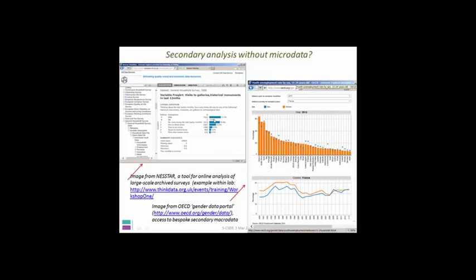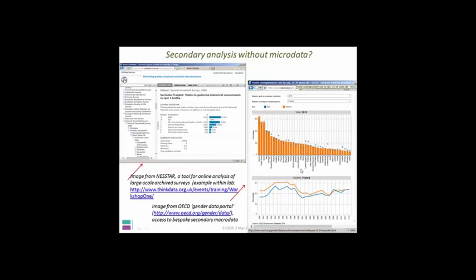Nesstar can be used for analysing microdata stored at national archives such as the UK Data Archive. But for example, one of many other comparable resources here is the OECD Gender Data Portal, which gives you summary statistics about, in this case, gender inequalities over time and for different countries.